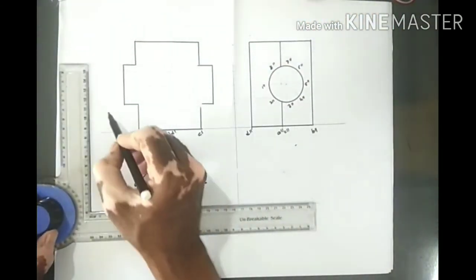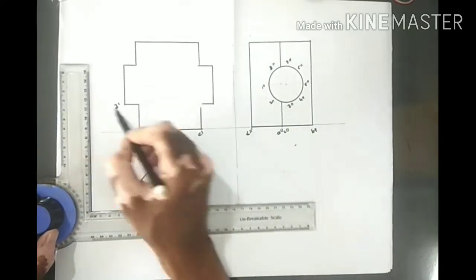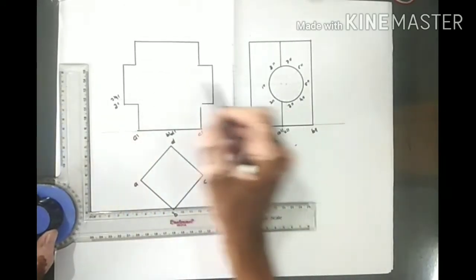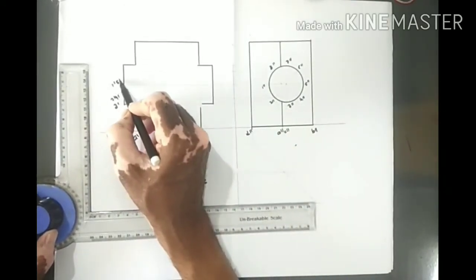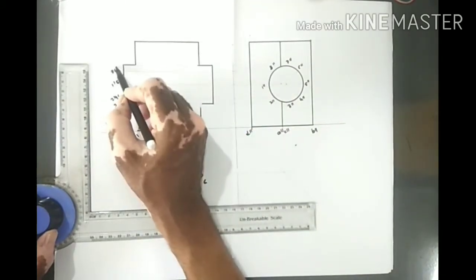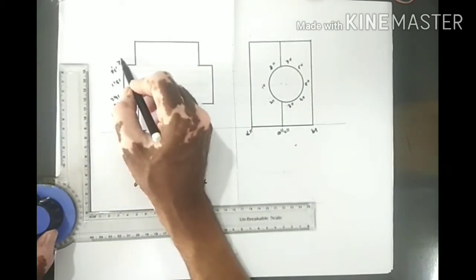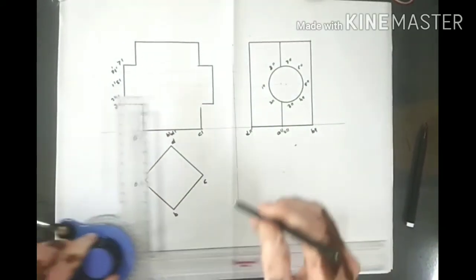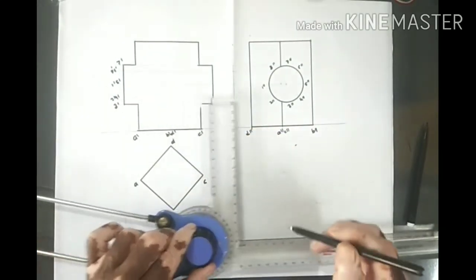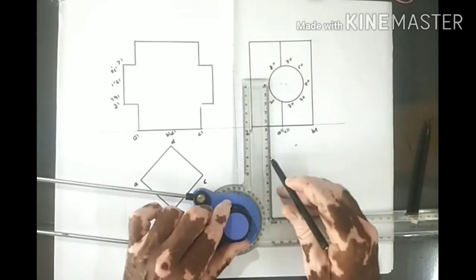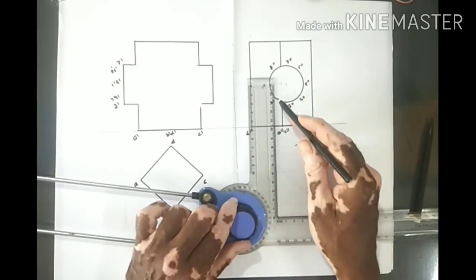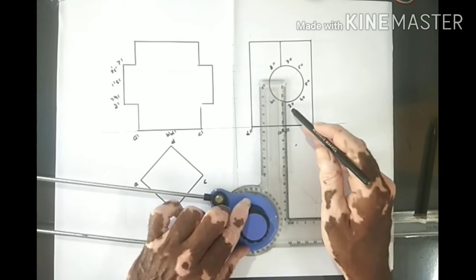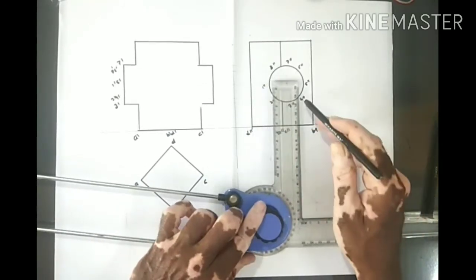So generators, this 3, this 2, 4, this 1, 5, and this 8, 6 dash, and this 7. Similarly in top view, so length can be projected from front and width you can project from the side. So these are the generators.